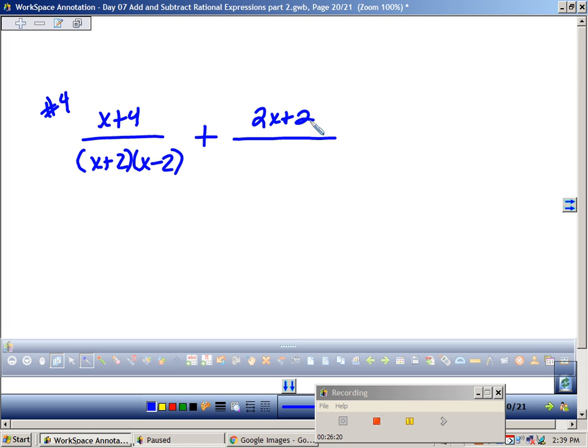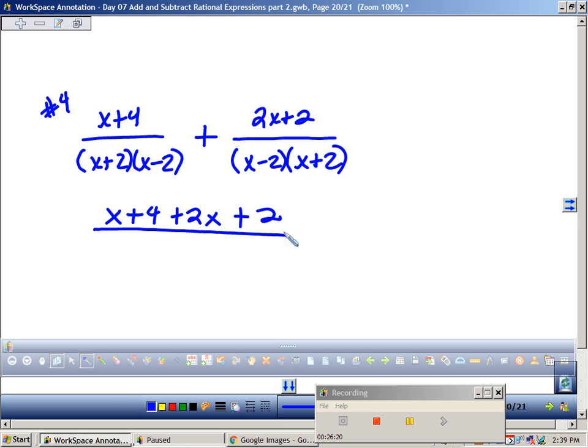I could have, but then I would have just been making more work for myself. And this is x minus 2. x plus 2. Don't they already have common denominators? Yes. So we just have to combine the numerators. So x plus 4 plus 2x plus 2 all over x plus 2, x minus 2.